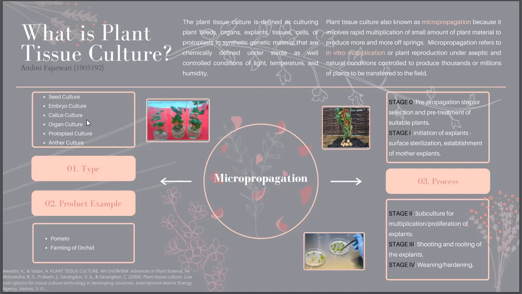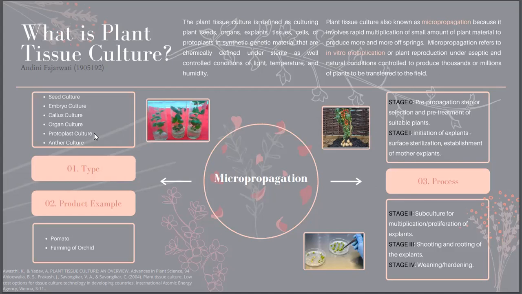And then for the organ culture, it uses an organ as explant. The organ used can be any part of the plant, like root, stem, and leaf.